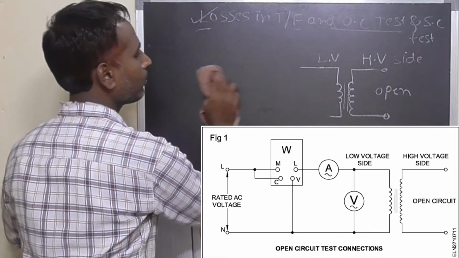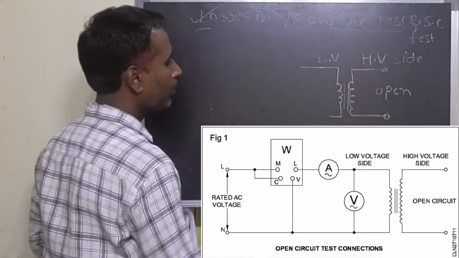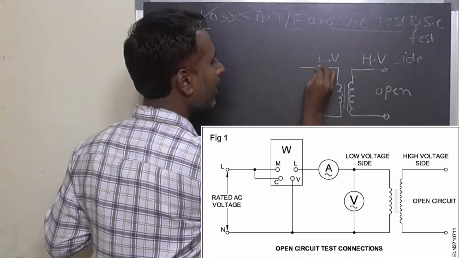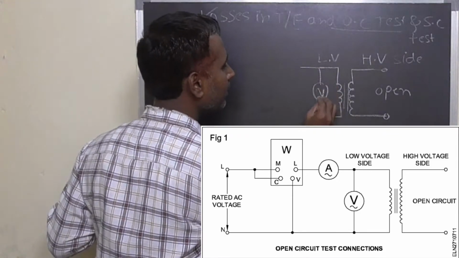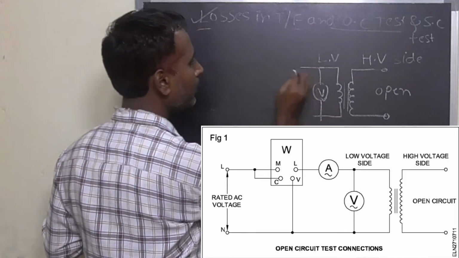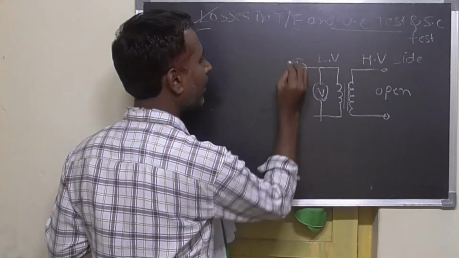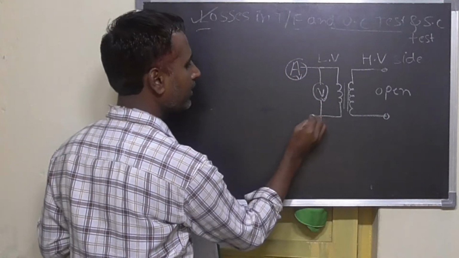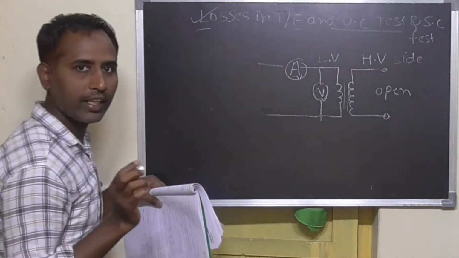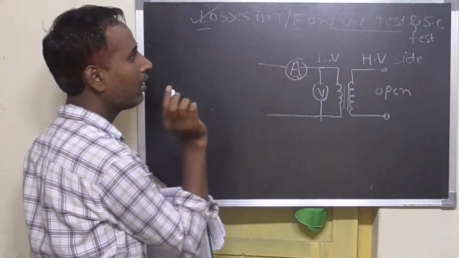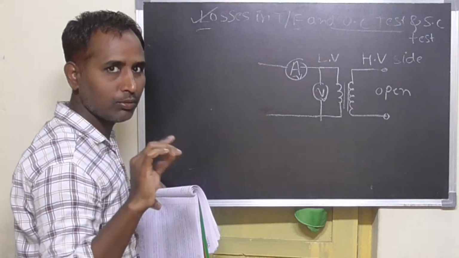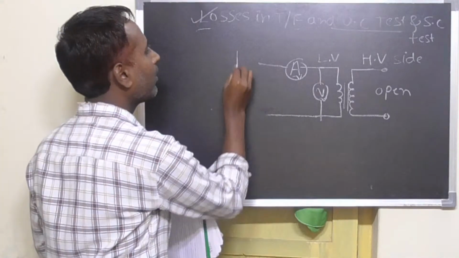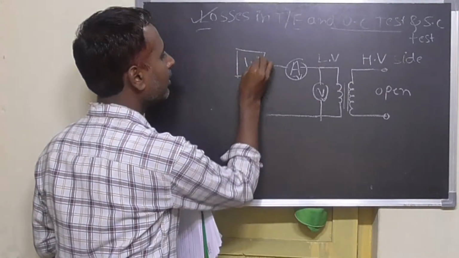Okay. So to measure the voltage, here I connected the voltmeter. This is the AC voltmeter. To measure the current, I have connected one ammeter. This is also an AC ammeter. To measure the iron losses, I have connected a wattmeter.